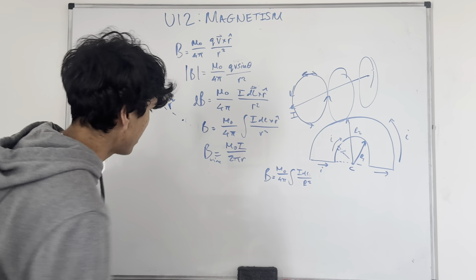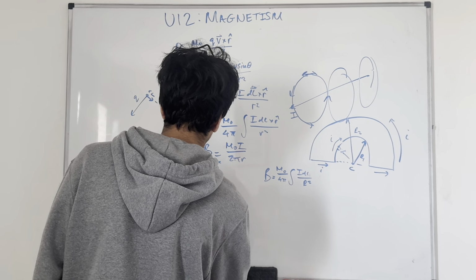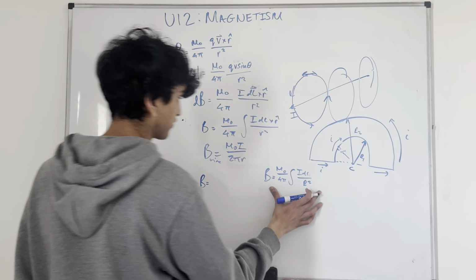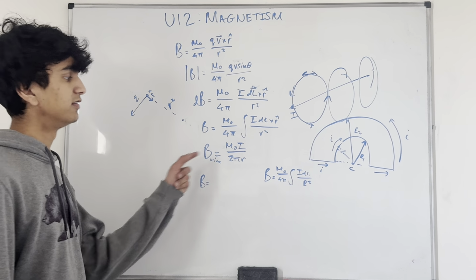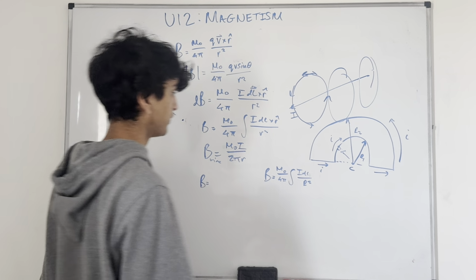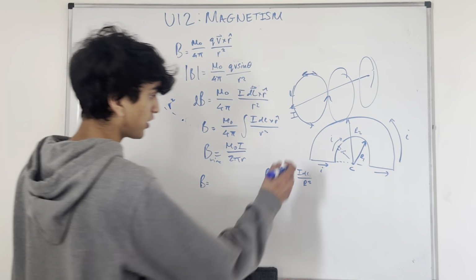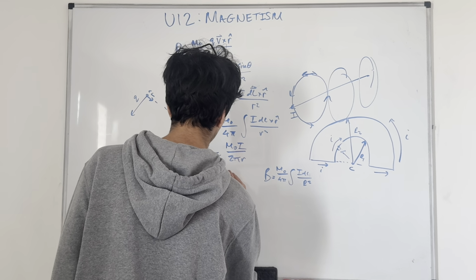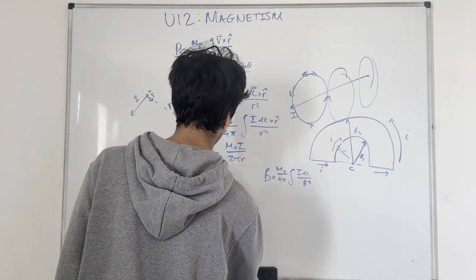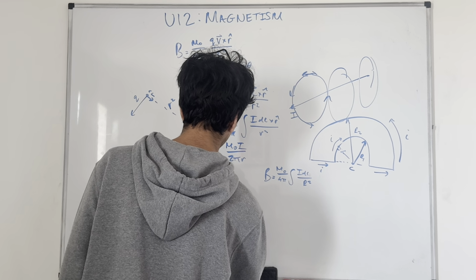So the net magnetic field is going to be this integral for the first arc of loop, minus this integral for the second arc of loop. For the first arc, the current and the radius are constant, so it's going to be mu naught times I over 4 pi r1 squared.